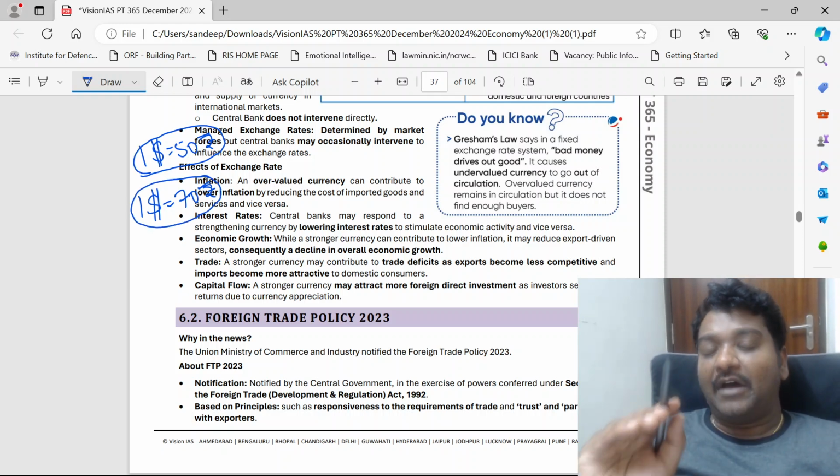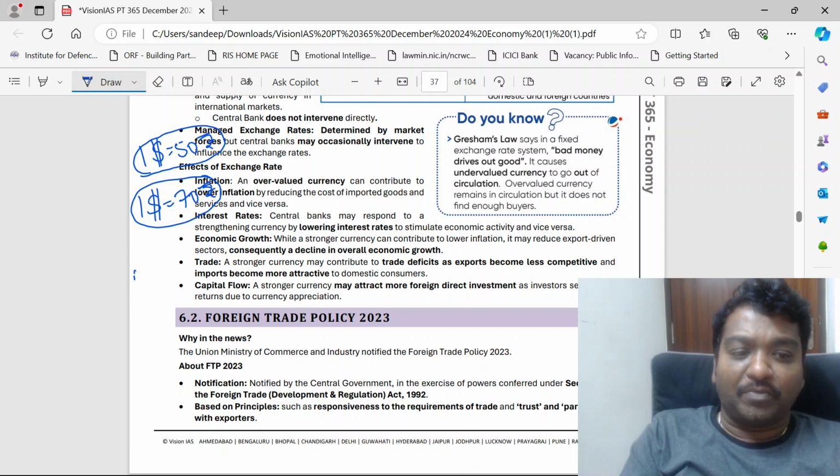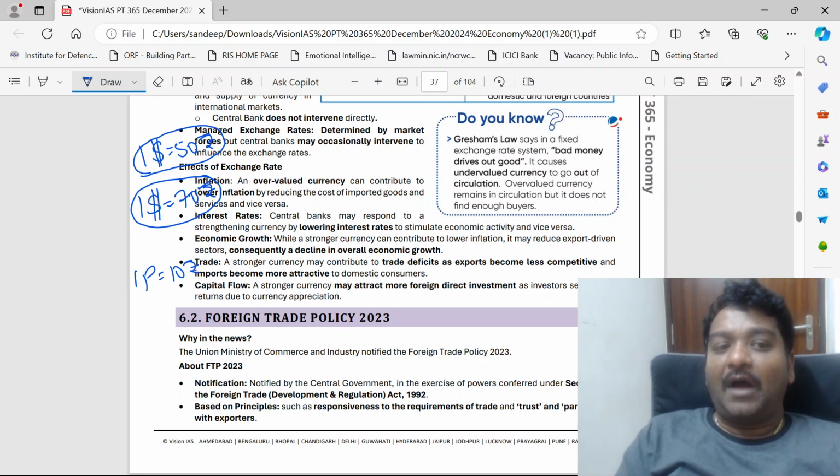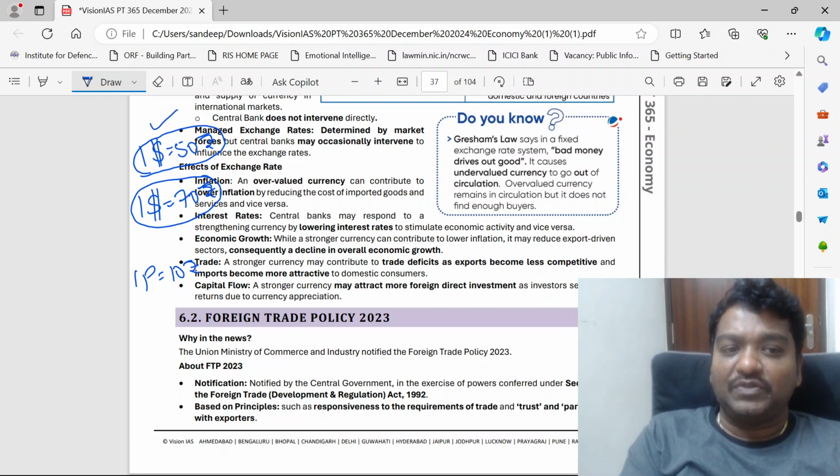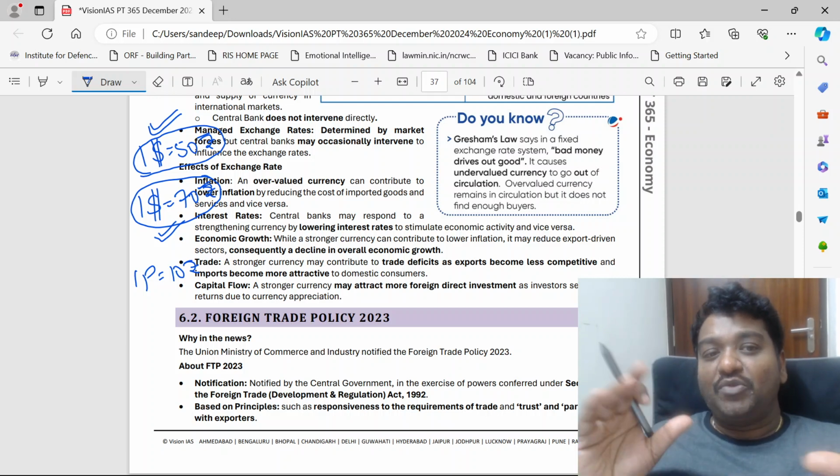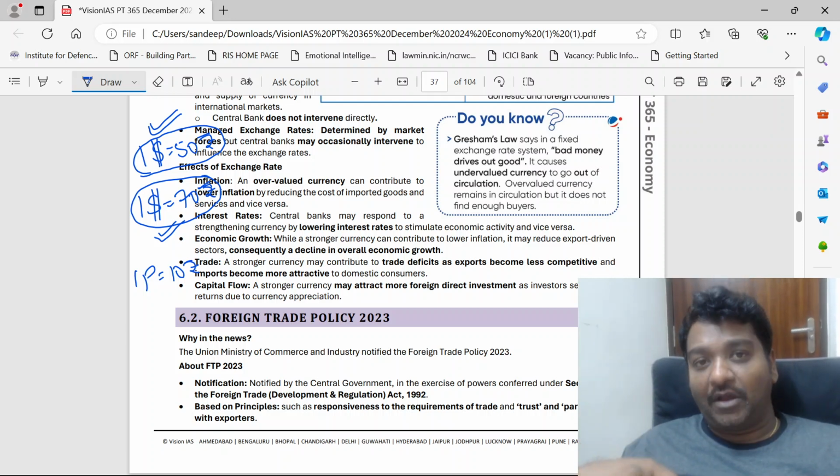Now our pen, one pen is 10 rupees. So what is going to happen? Earlier for $1 I used to get 5 pens. Here for $1 I am going to get 7 pens. So for a US customer, when he pays $1, if he gets 7 pens, he will be more interested to purchase.